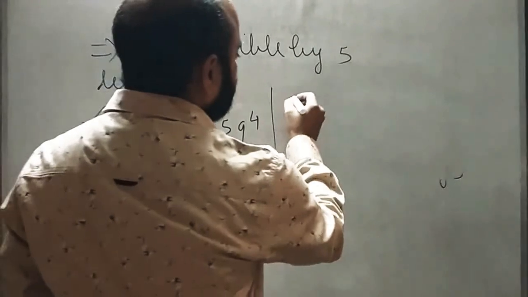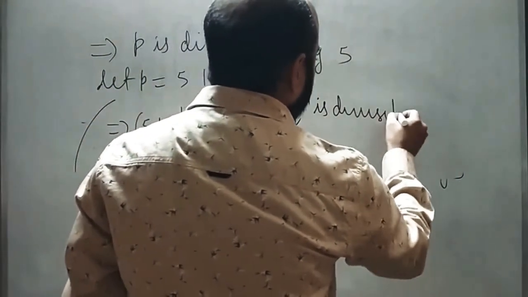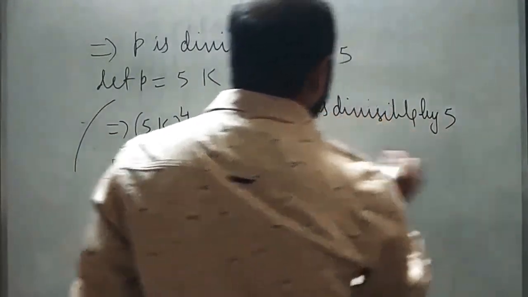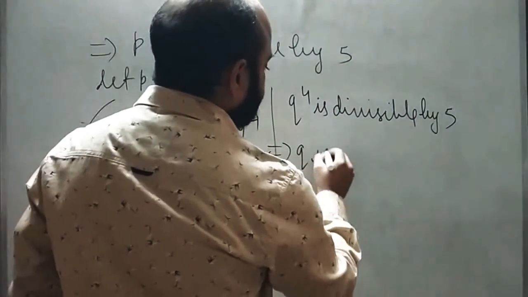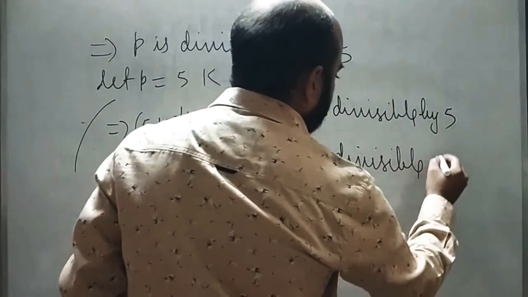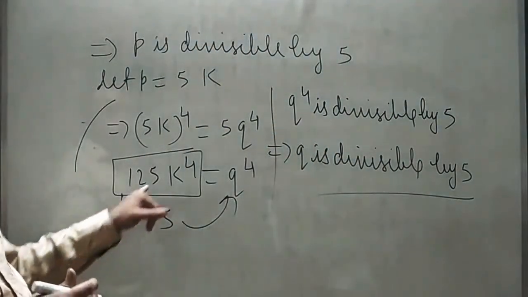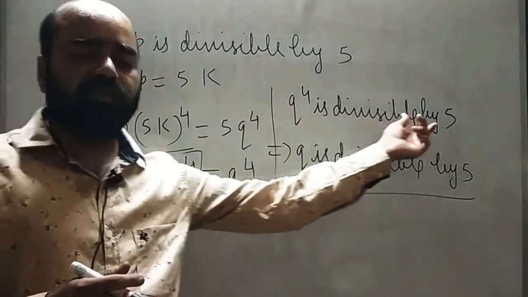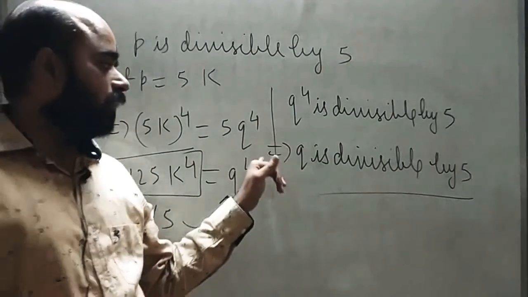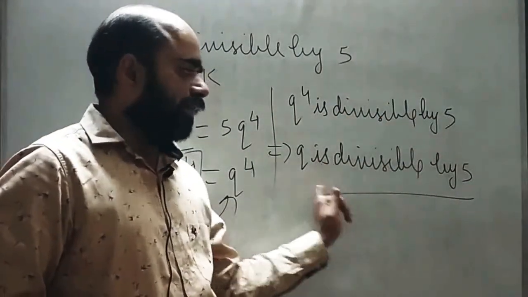So directly we can write that q to the power 4 is divisible by 5, correct? So again by theorem, q is divisible by 5. Clear? It means again the theorem: if q square is divisible by 5, q will be divisible by 5. If q to the power 3 is divisible by 5, q is divisible by 5. If q to the power 4 is divisible by 5, q is divisible by 5.